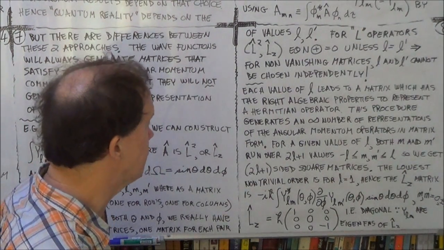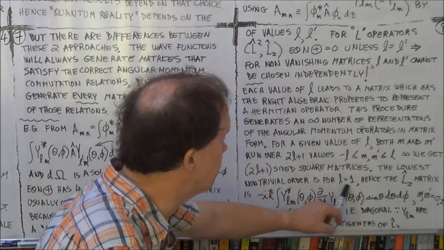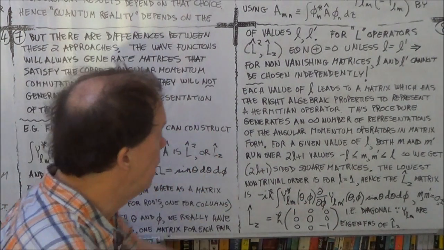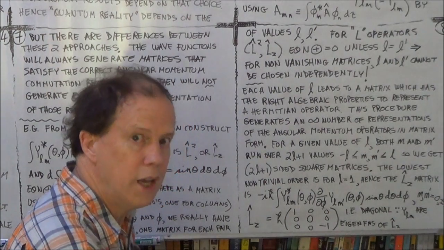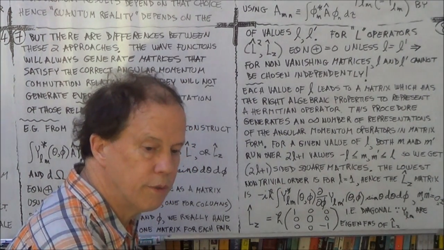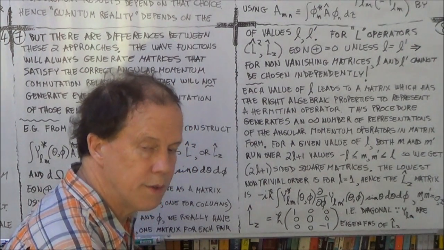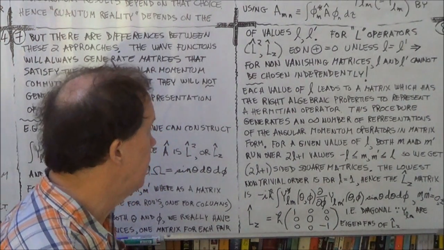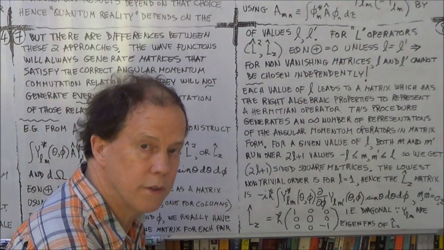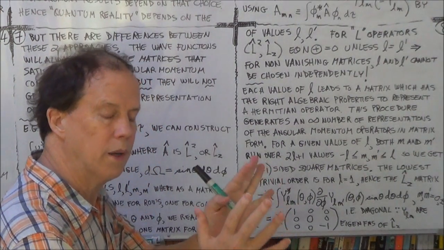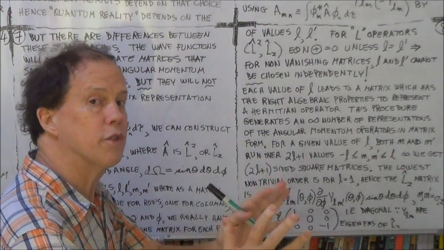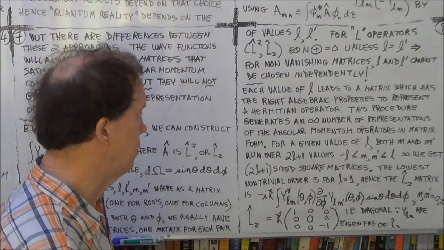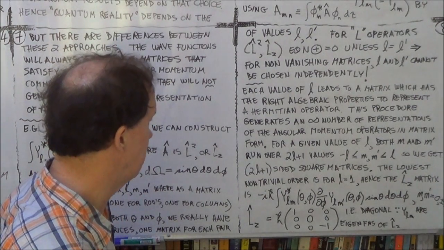Well, let's take the simplest case when L is just 1, the first non-trivial example. If L is 1, then M can range over -1, 0, and 1. Okay, 2L plus 1. So it's the smallest matrix representation for your operator.